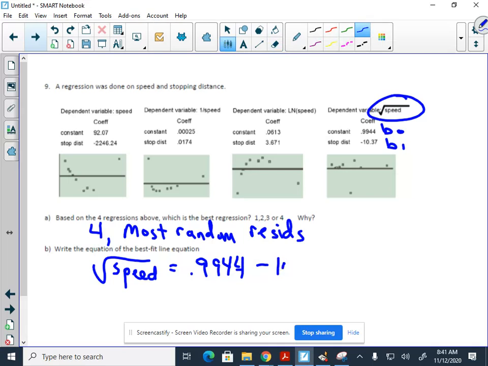Yeah. Minus 10.37 times stopping distance. Then, could you use that? Could you put it in? It's the same as those problems where we undid the square root, and so on and so forth.